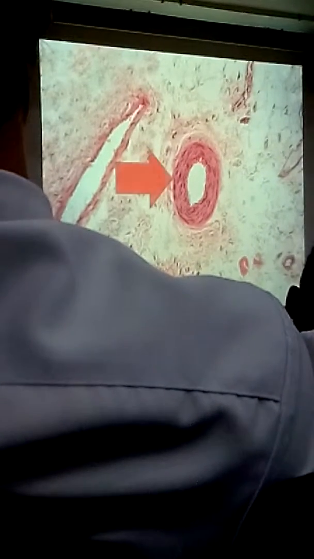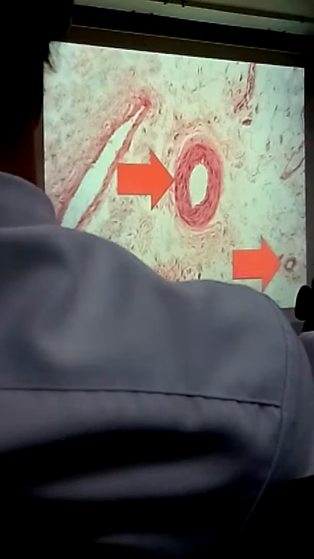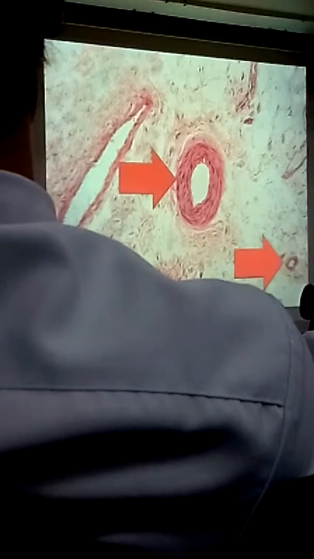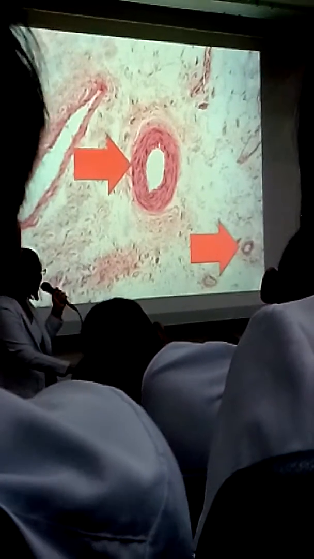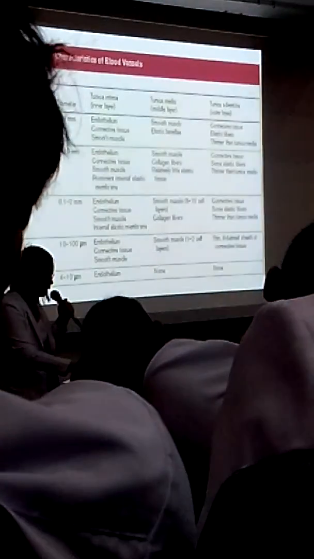Is it an artery or a vein? How about this one? How about that one? So an arteriole has basically 1 to 2 layers of smooth muscle. That's how you differentiate it from a small artery.